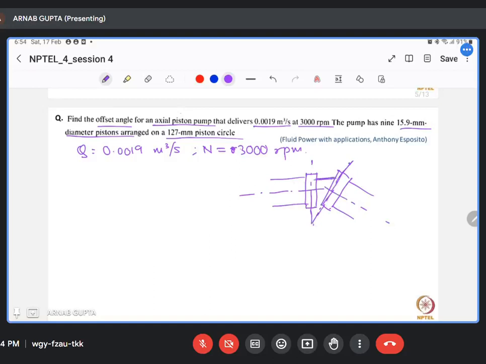You have different pistons and cylinders arranged on the periphery.